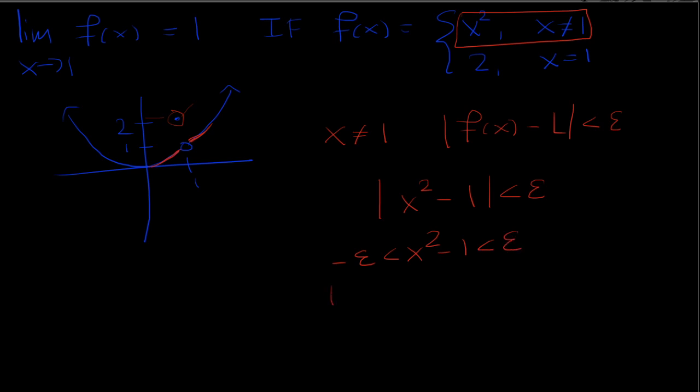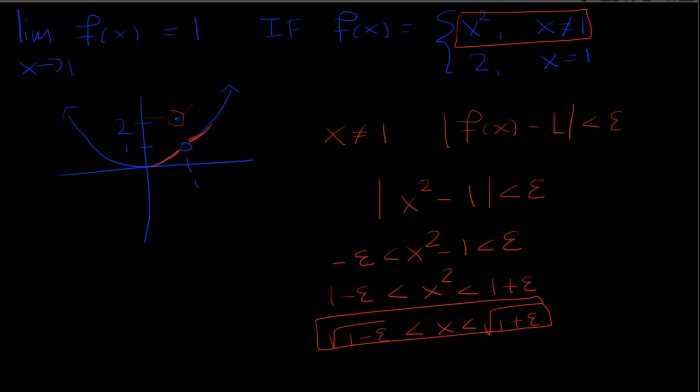And if I add 1 to both sides, we get 1 minus epsilon less than x squared less than 1 plus epsilon. And here I just need to square root all the sides, so we have the square root of 1 minus epsilon less than x less than the square root of 1 plus epsilon.